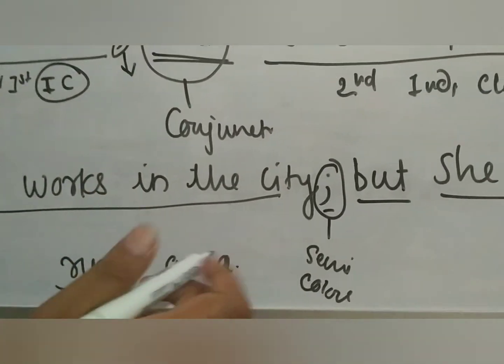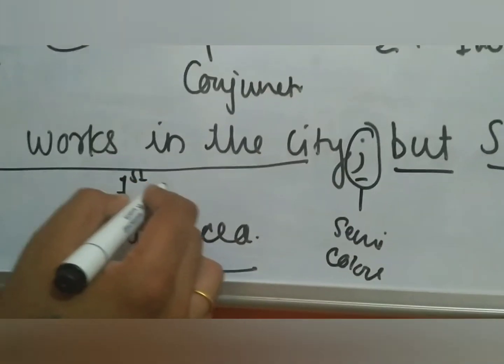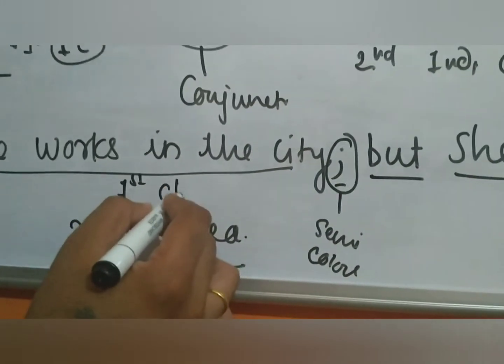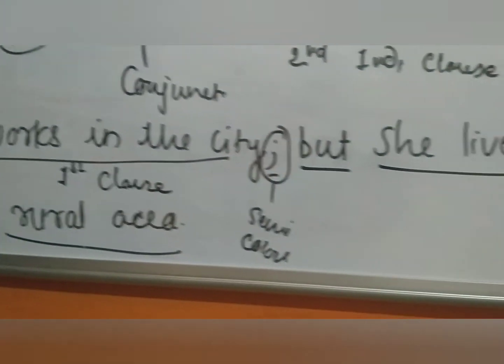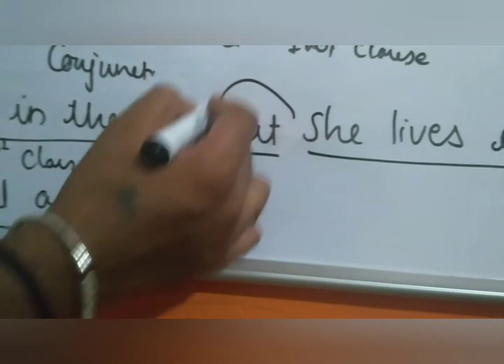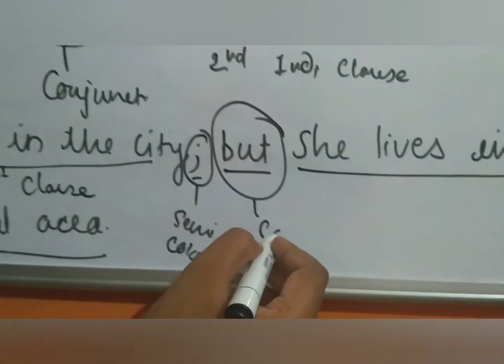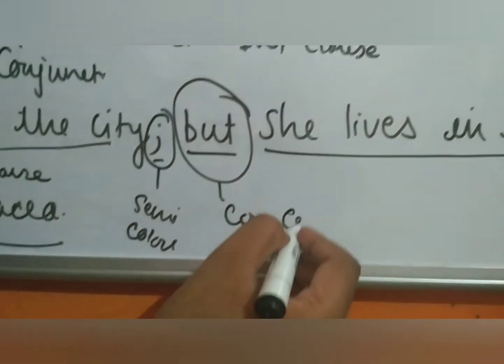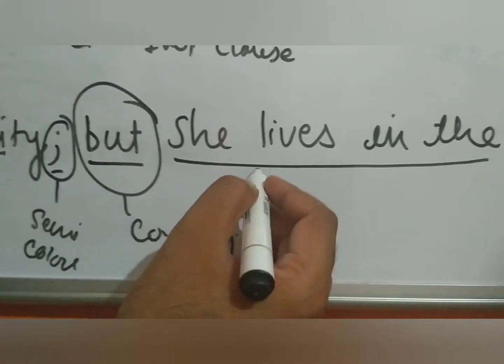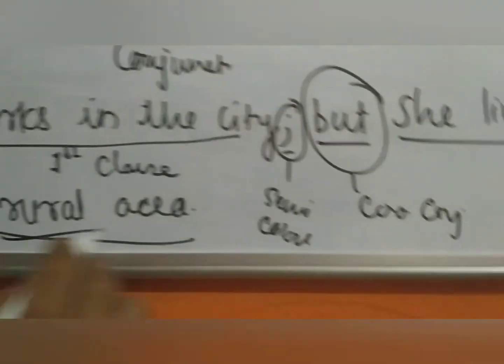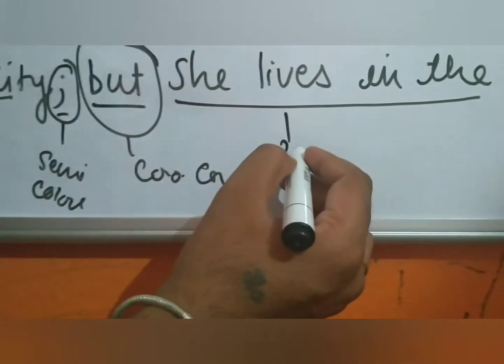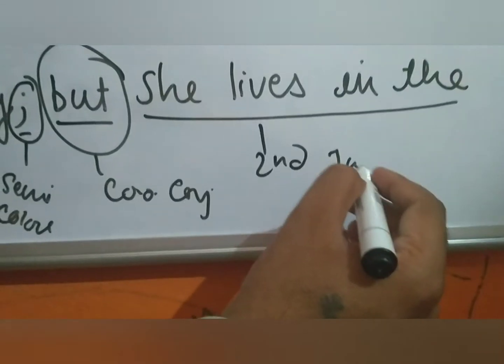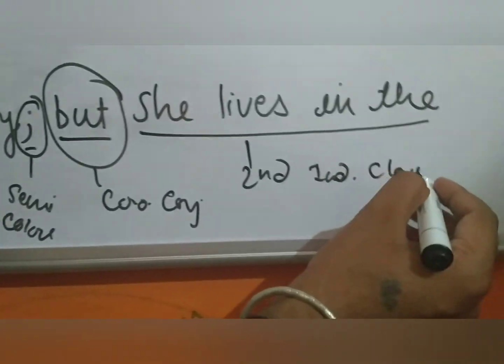She works in the city is the first independent clause, but is the coordinating conjunction, and she lives in the rural area is the second independent clause.